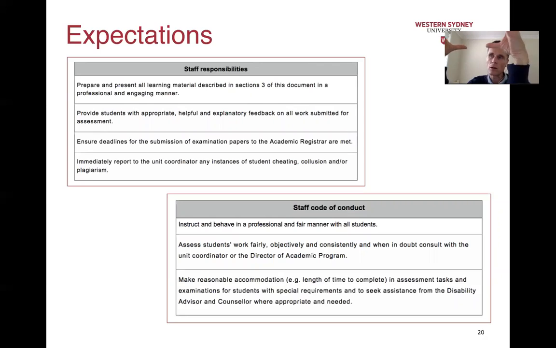I'll make that available to you, and you'll be able to read all my feedback as soon as I've marked that particular item. And as I was saying, if there is any concern, let me know sooner rather than later.